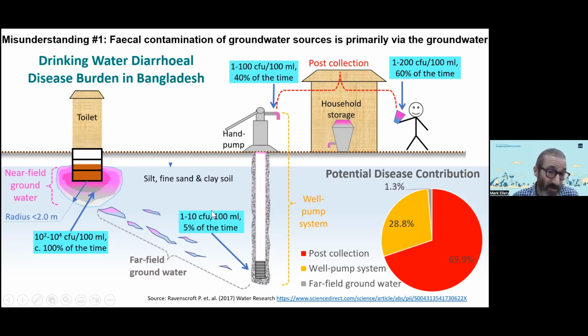This study from Bangladesh was extremely interesting. It looked at really the worst case scenario of toilets sitting in the ground under tidal influence, and the conclusion it came to was that outside of this radius of 2 meters, which they called the near field groundwater range, the risk to water sources was actually extremely low, in the range of 1 to 10 colony forming units of fecal coliforms per 100 ml, 5% of the time.